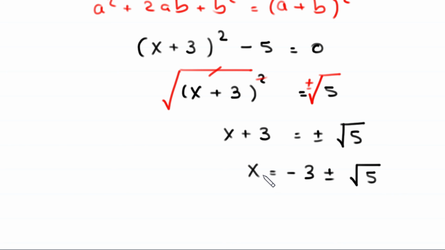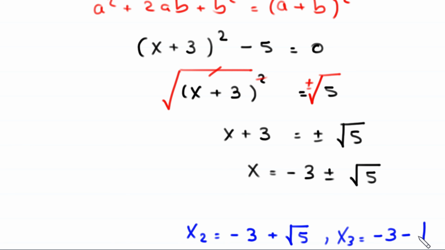It means that we get other two values of x, other two solutions. x2 is equal to negative 3 plus root 5, and x3 is equal to negative 3 minus root 5.